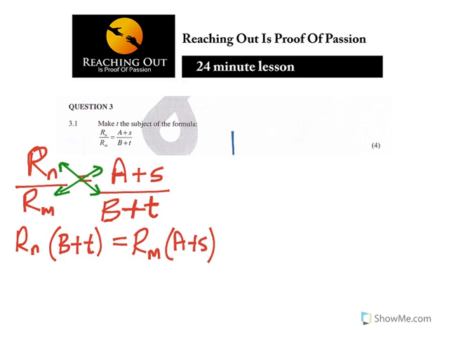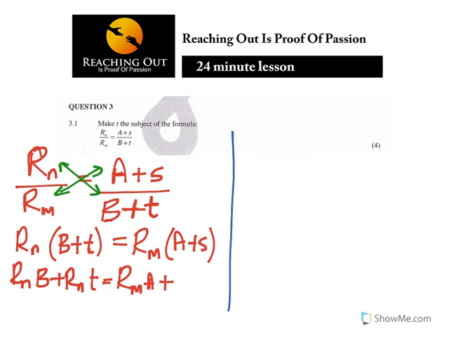I need to divide so that I can create more space. So now if you open the bracket and expand, it's Rnb plus Rnt is equal to Rma plus Rms. Remember, what are we making?